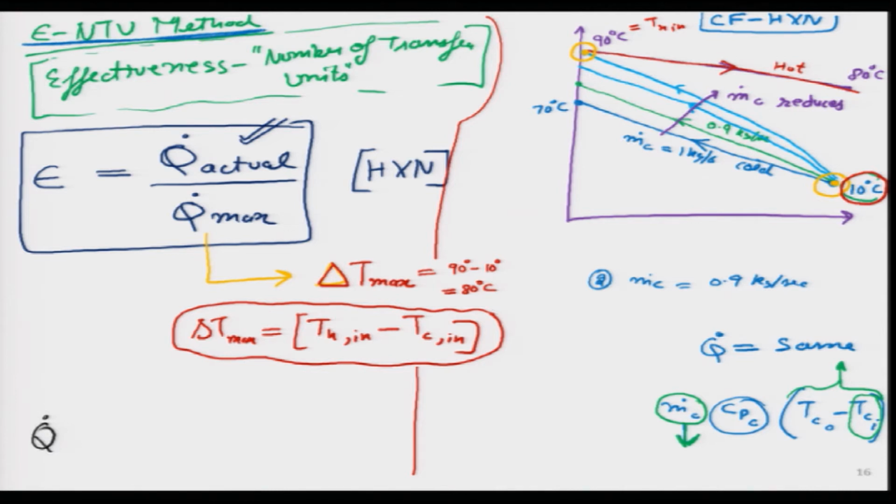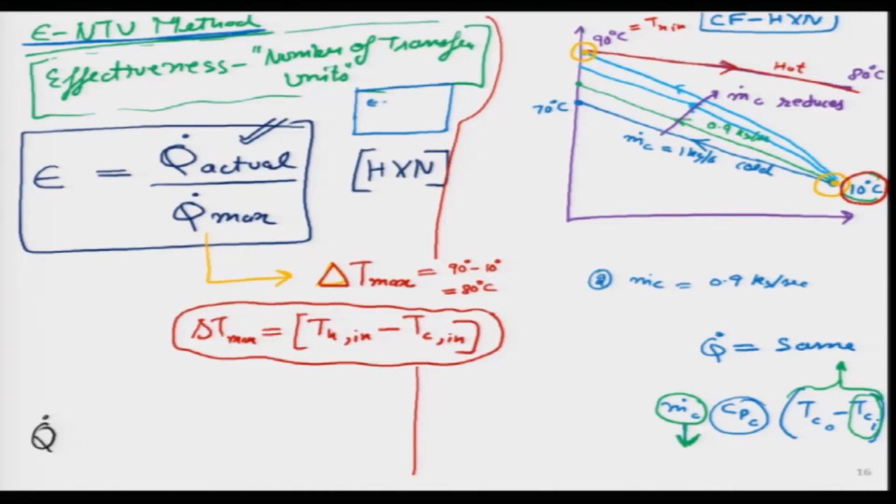And NTU, we gave some hint earlier in convection, stands for number of transfer units, which is kind of an indication of the length or the area of the heat exchanger. So, we are trying to figure out, can we write some equation between epsilon and NTU. We will figure out later that in simple cases it turns out we can get something like this.